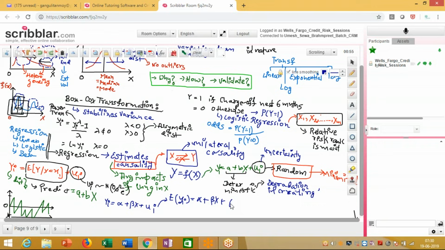The expected value of the random term, as we have seen, is 0, because the positives and negatives cancel out. So the expected value of yi turns out to be alpha plus beta xi, which means that this is the mean of the series.